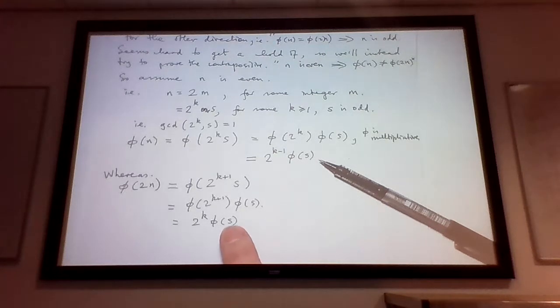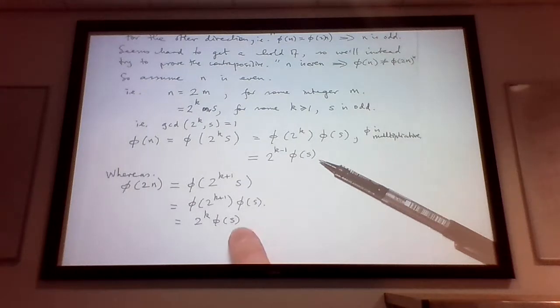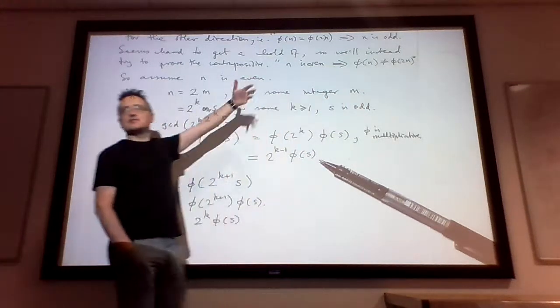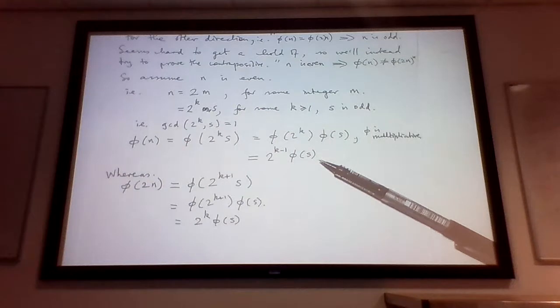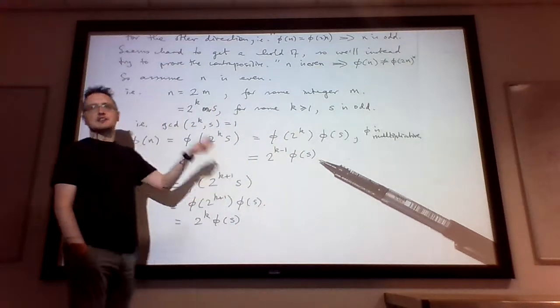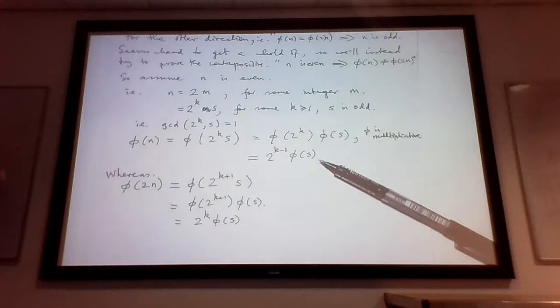Well, if phi of s somehow managed to be 0, then they'd both be 0. But of course, phi of s can't be 0, because s is an odd positive number. So phi of s is going to be at least 1, because 1 is always co-prime to s. Remember, phi of s is the count of the number of integers less than s that are co-prime to s. So it's at least 1.